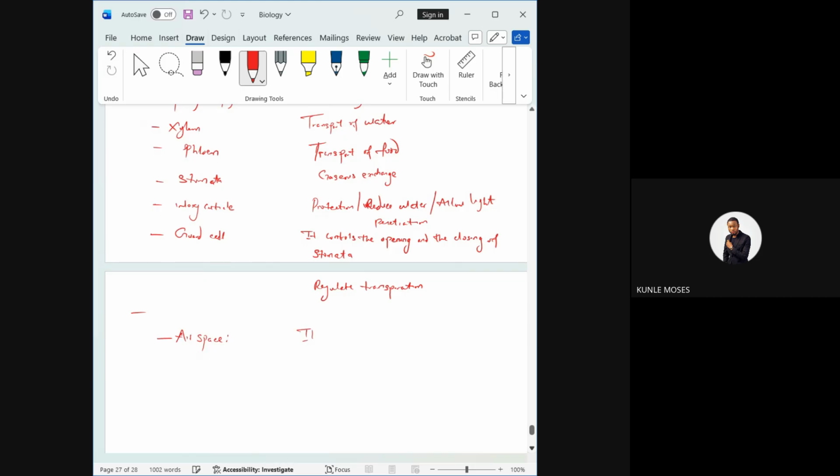It helps in gaseous exchange and helps to facilitate transpiration.